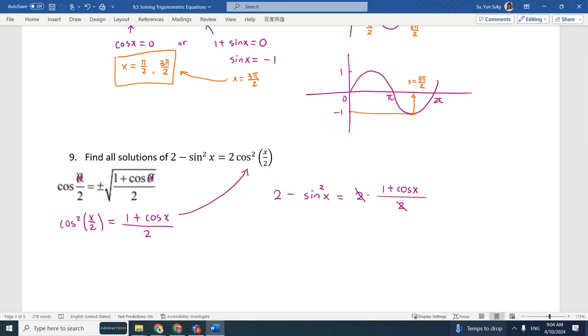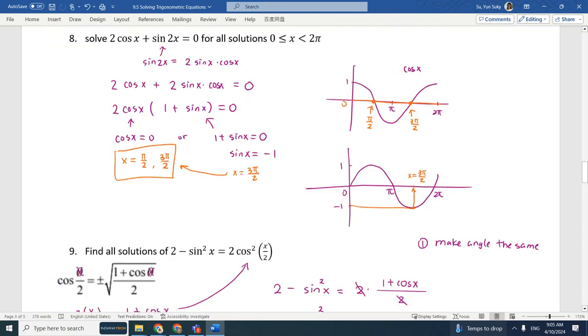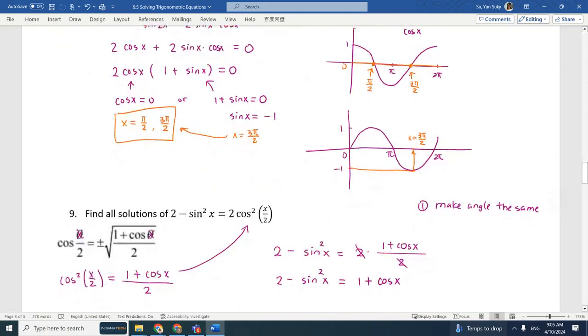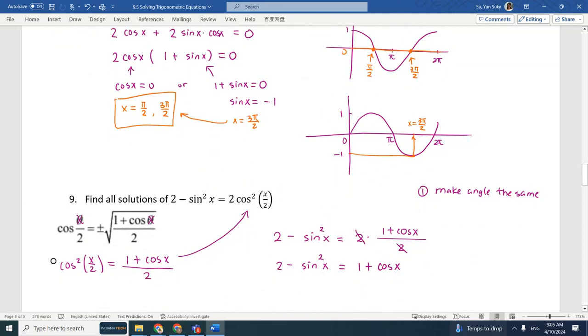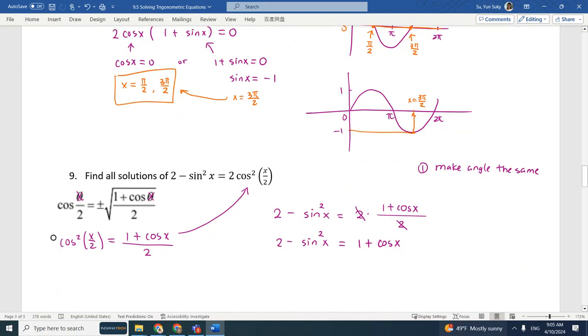And we get 2 minus sine squared is 1 plus cosine x. So the first thing, we change the angle, make the angle the same. Either use the double angle formula like the previous example, or in this example, use the half angle formula. Make them the same.